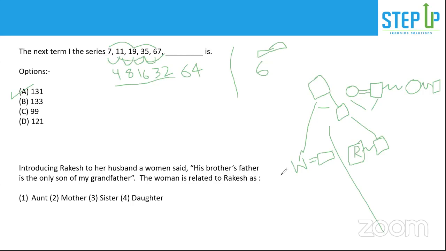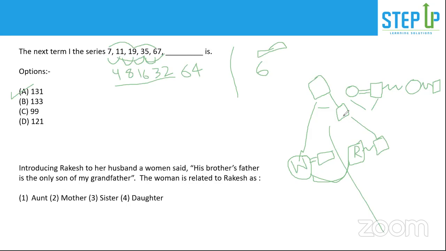So, introducing Rakesh to her husband, we have to find out how the woman is related to Rakesh. This woman is looking at Rakesh and saying his brother's father, meaning Rakesh's father also.